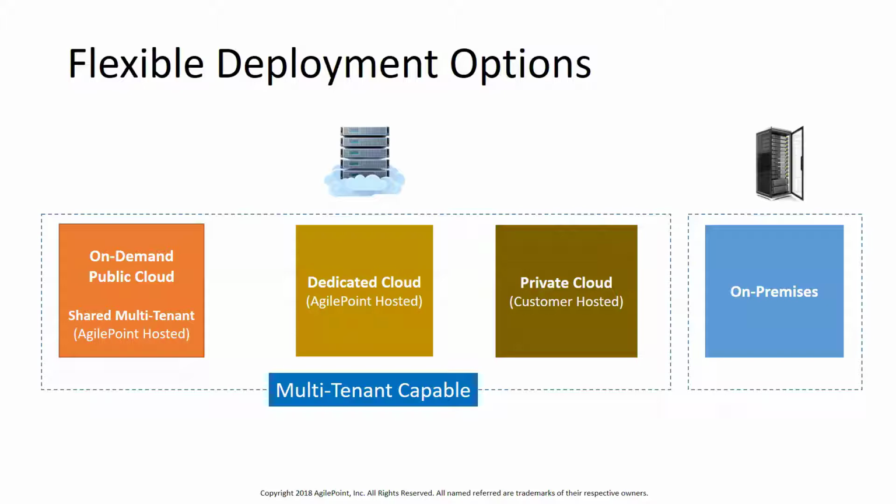Across each of these deployment types, whether it's on-premises, dedicated cloud, or using AgilePoint SaaS, there is a single code base, and what that's meant for many of our customers is if you start on premises as an example, and you have an organizational directive to move certain workloads to the cloud, AgilePoint will not add any additional complexity for those migrations, as you can simply lift and shift your applications from one deployment type to another.